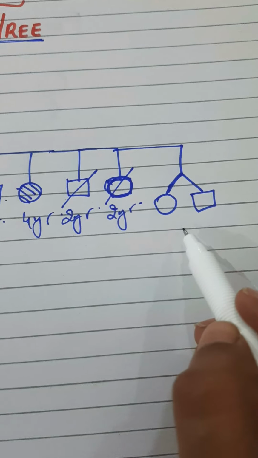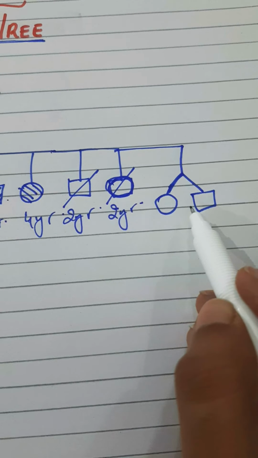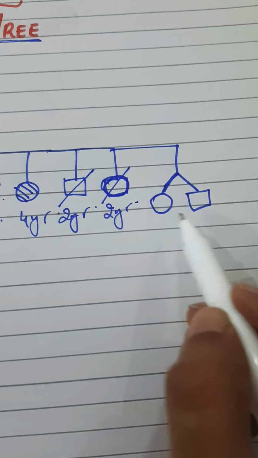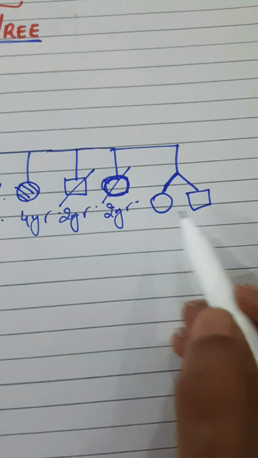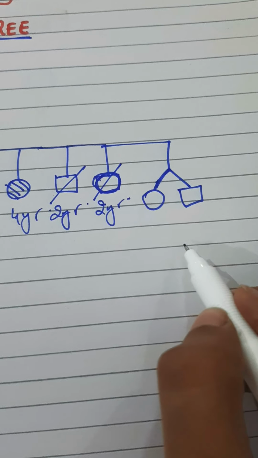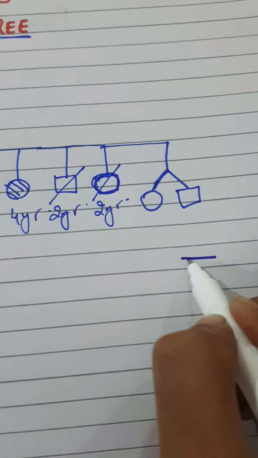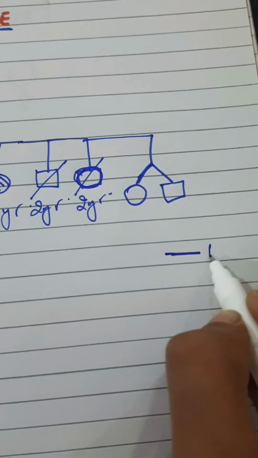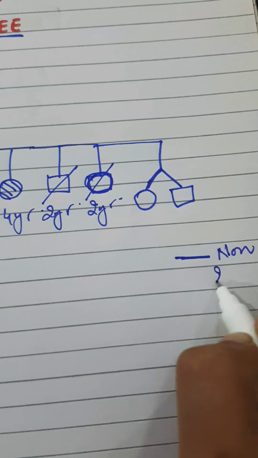Then another condition has to be identified, that is whether the twins were identical or non-identical. If the twins were non-identical, then we will draw a single line between these two, and this is for the non-identical twins.